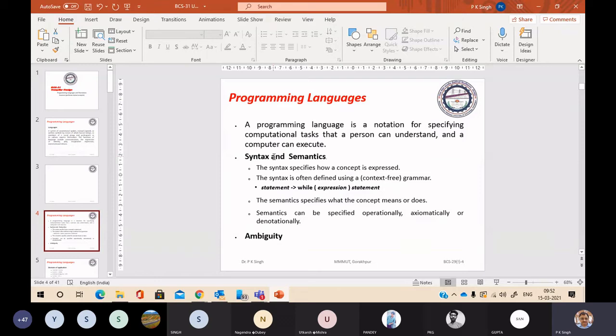Suppose someone says a statement, I have seen an elephant walking in a glass.